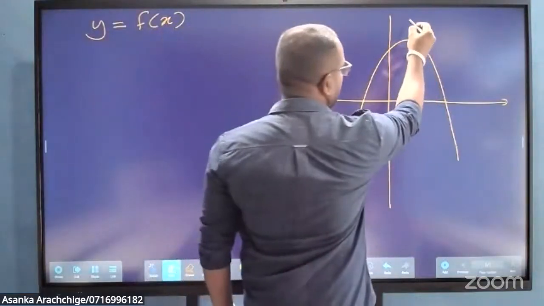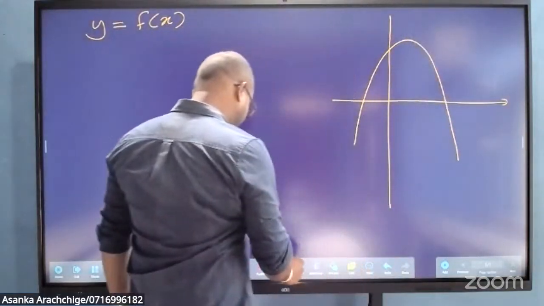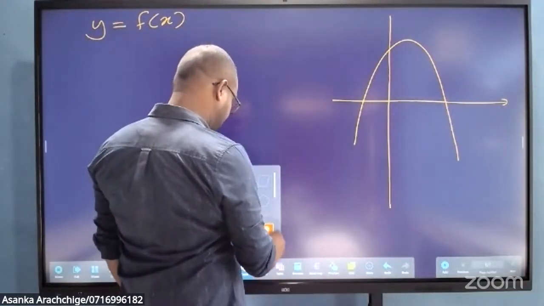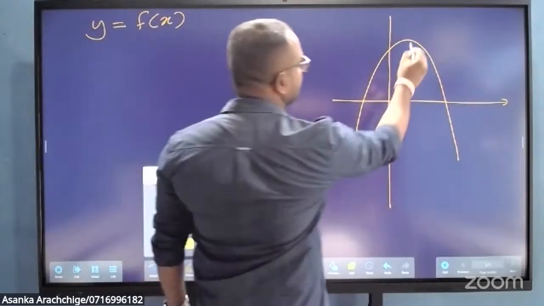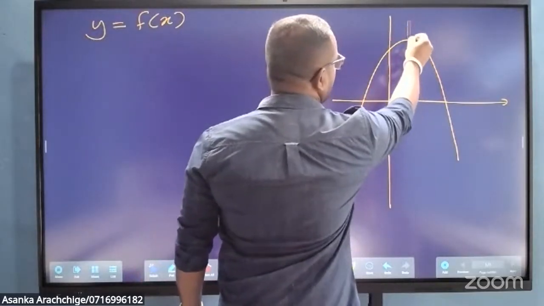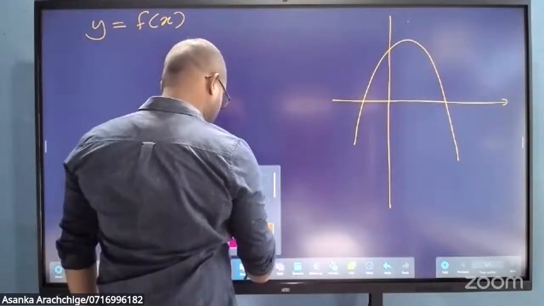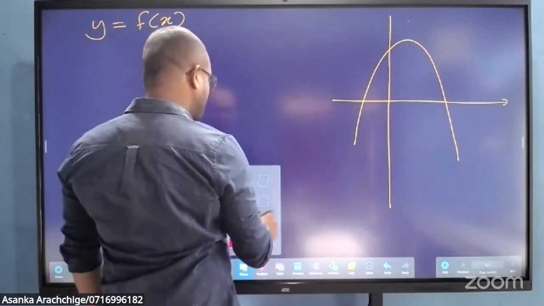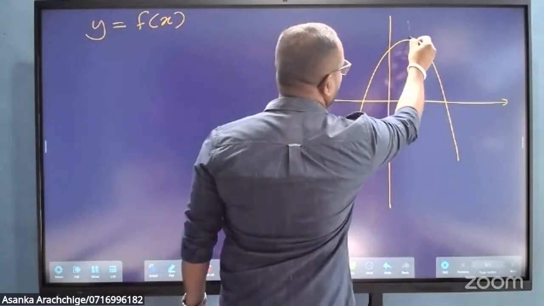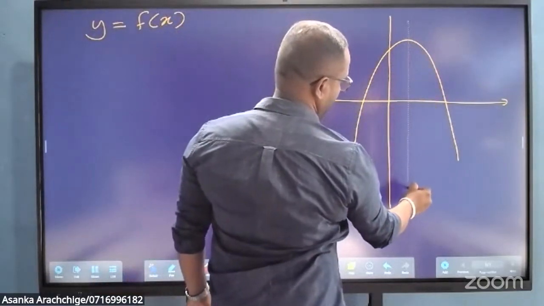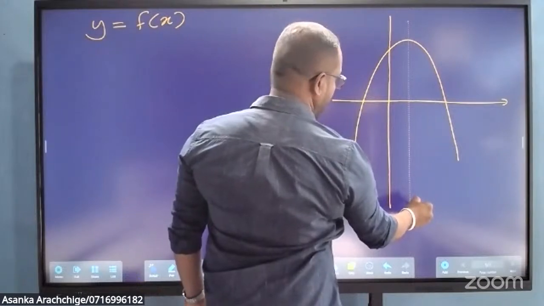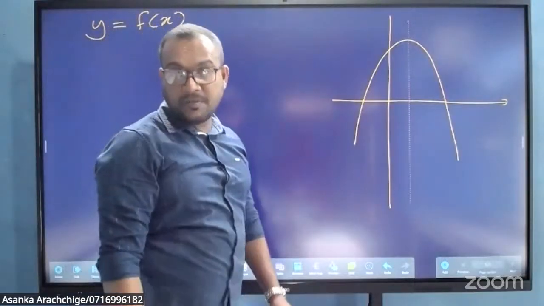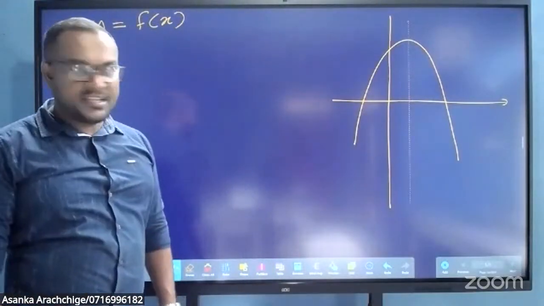This is the axis of symmetry. And මේ තියෙන්නේ axis of symmetry. Then what is the equation of axis of symmetry? මට කියන්න මේ axis of symmetry කවුද කියලා? Is that x equals 1?